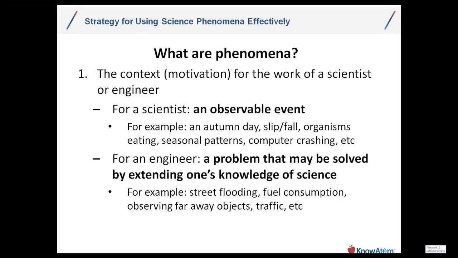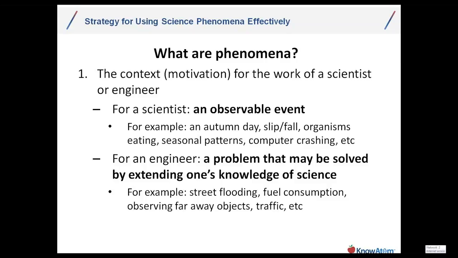So an engineer's context has to do with a problem. Scientists are more dealing with an observable natural event and trying to explain it. So scientists are trying to explain observations, what they're observing, by testing hypotheses.